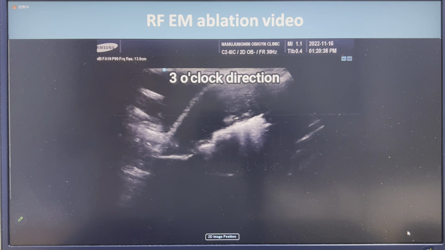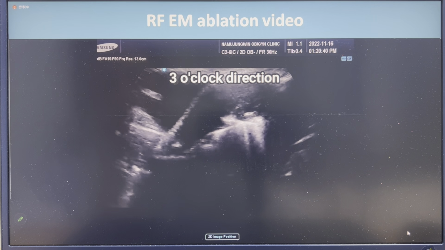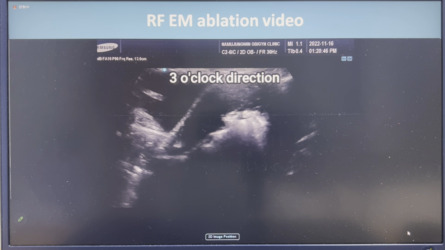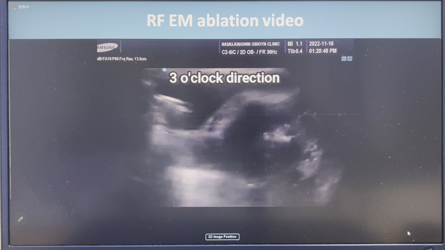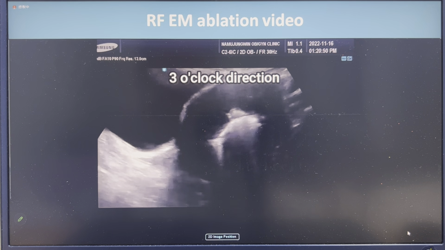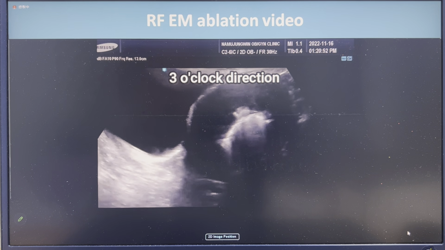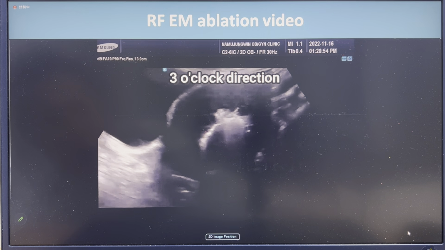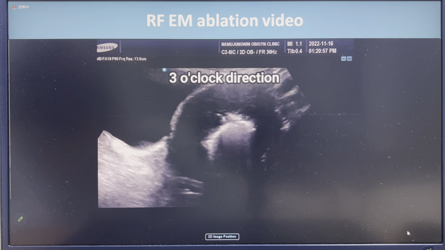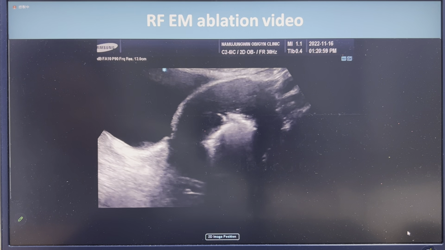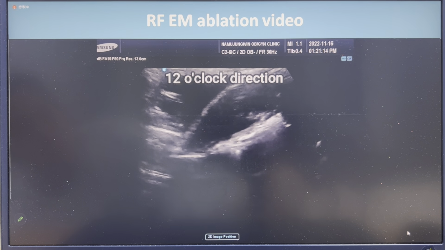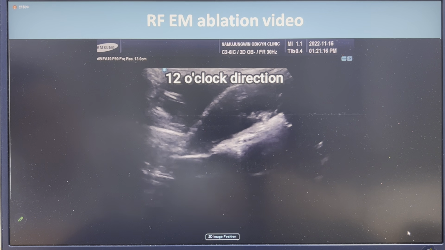As the tip of the EM ablator is blunt, it is very safe and easy to insert the tip in the correct location. So EM ablation can easily be performed even by a beginner. Next is 12 o'clock.